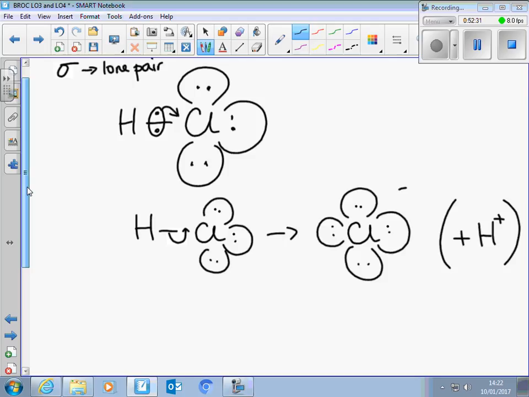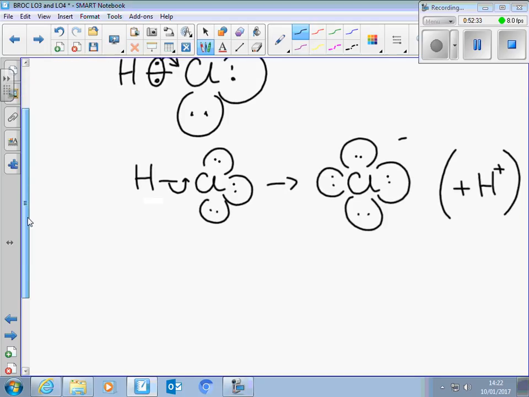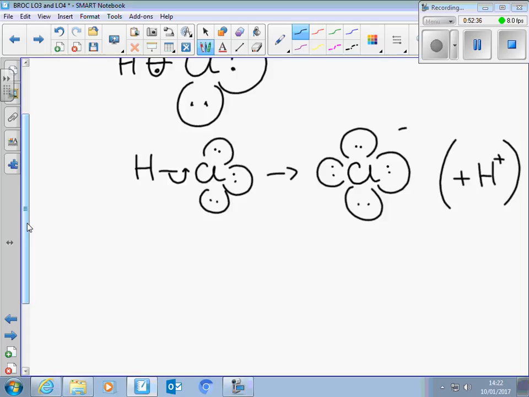The other options that we've got here, I don't want to keep going over all of them, but you can have a pi bond becoming a lone pair. All right, so pi to lone pair. And what you've got there, it's not showing you anything attached to the oxygen, but it leaves behind a sigma bond. That's the important thing to understand, that it's the pi pair that becomes a lone pair, and the sigma bond is still left behind.